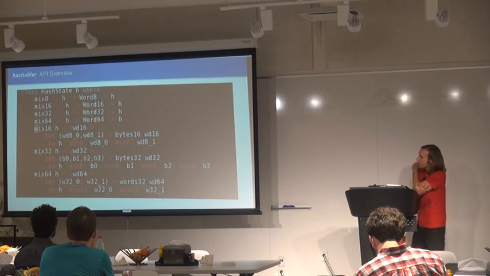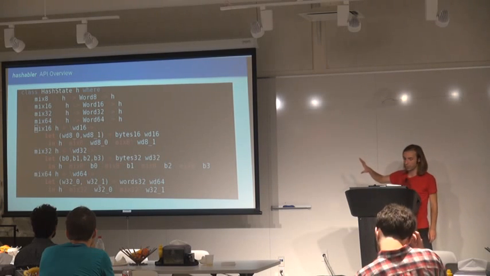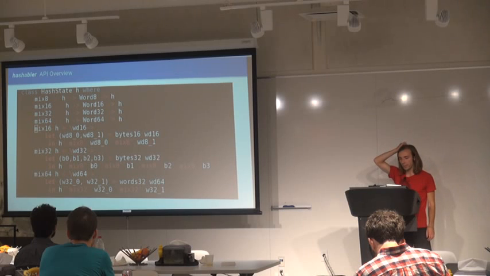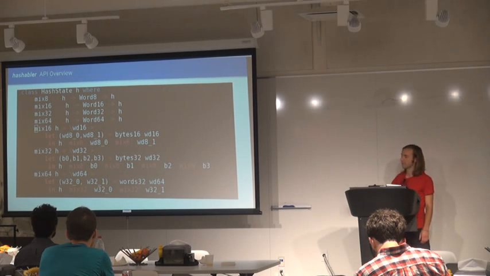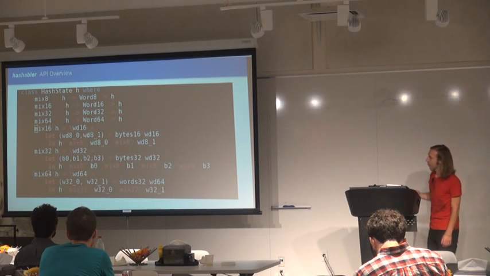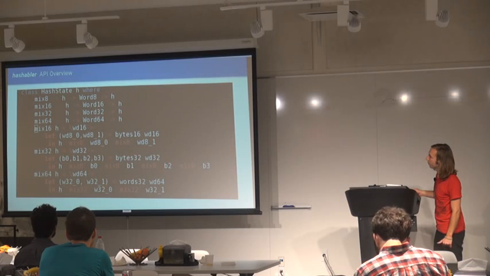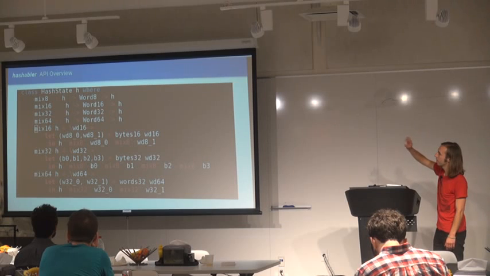When you define a new instance and you're writing a hash function, you create a function that's passed in a fold over bytes that are delivered by your hashable instance. We have these defaults here, so the minimum implementation is just mix8: you have to tell it how to hash in a byte.